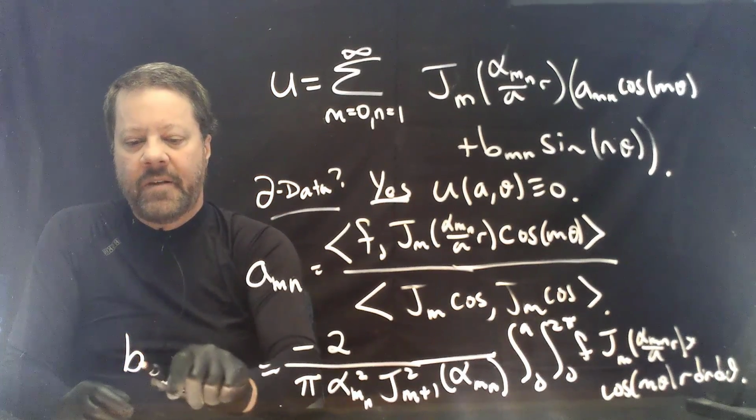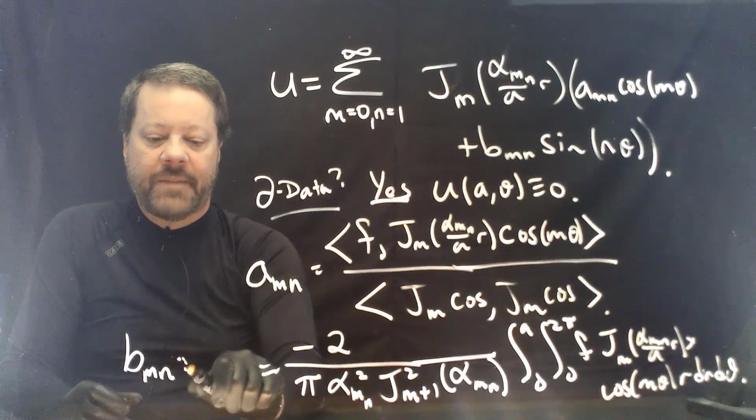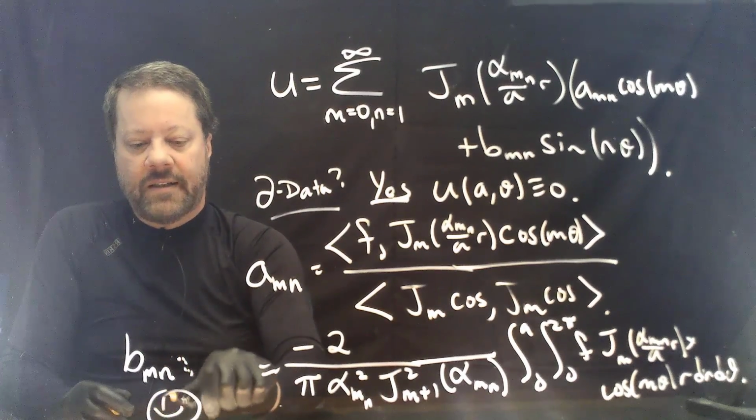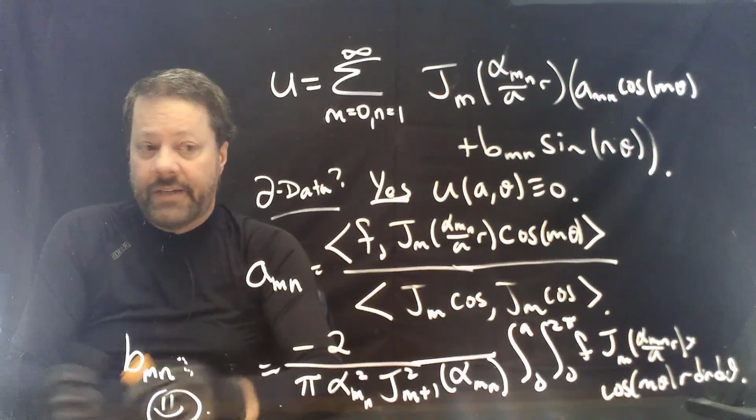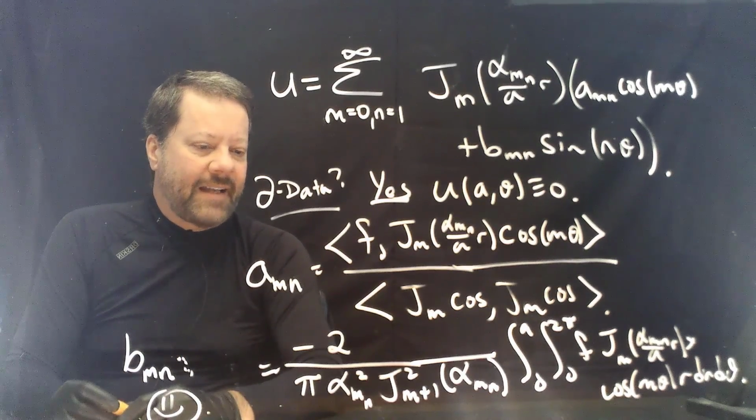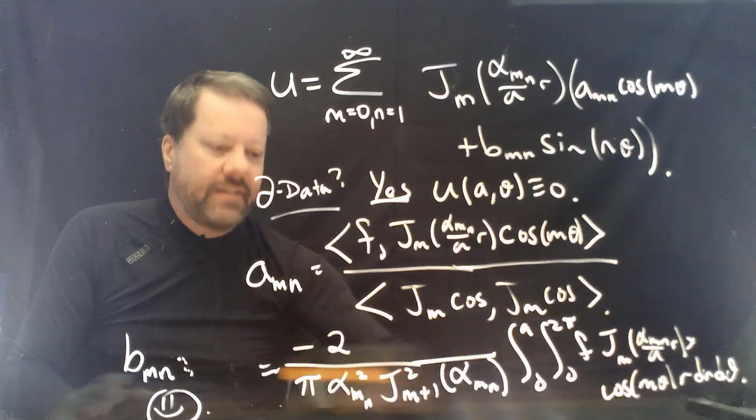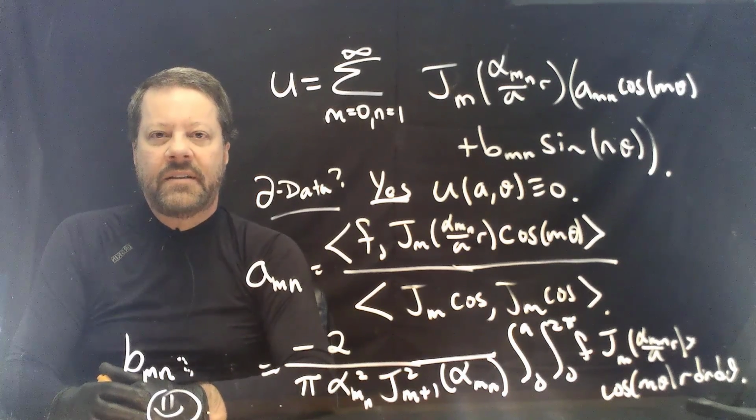The b_mn are very similar. We'll declare that to be relatively obvious. The only difference, of course, being that you end up with a sine in this location.